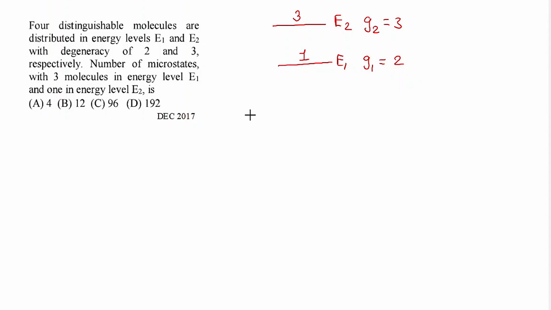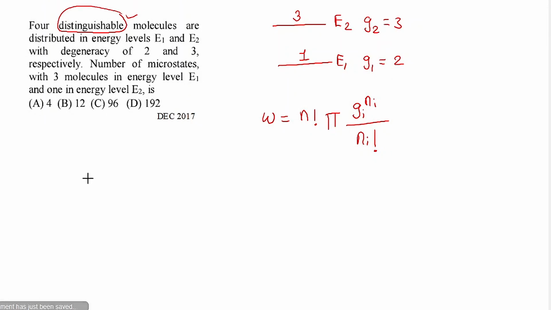As we have said that we have distinguishable particles, the thermodynamic probability is given as N factorial into capital pi of Gi raised to Ni divided by Ni factorial. So this is the formula with the help of which we can obtain the thermodynamic probability of distinguishable particles amongst different energy levels with certain degeneracies.